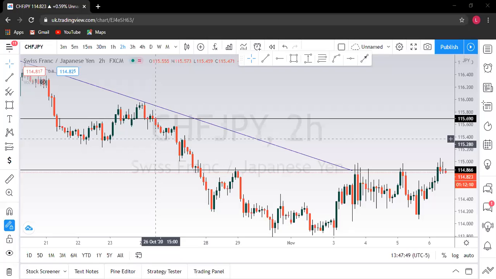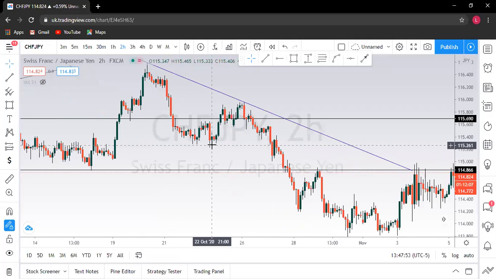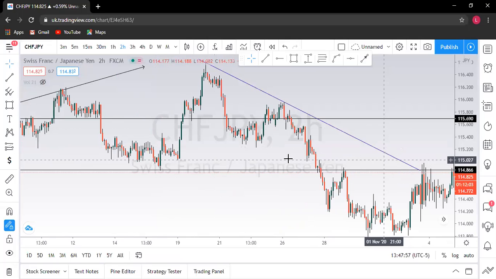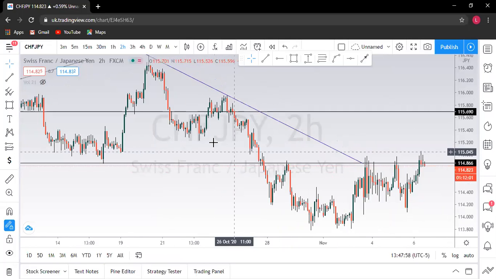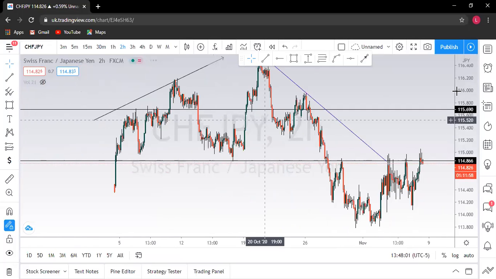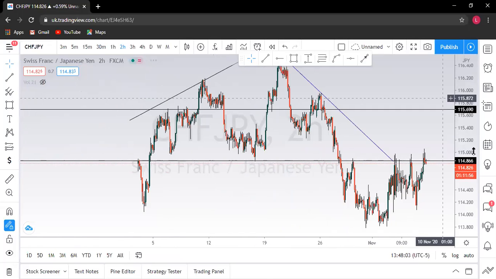The same thing that happens with break and retest in a ranging market also happens with your trend line. The market can also break and retest your trend line. Do you understand? So this is the trend line. Let's look for more examples.